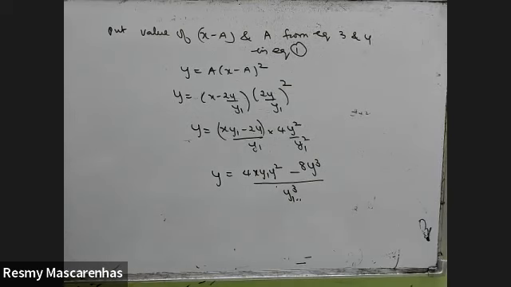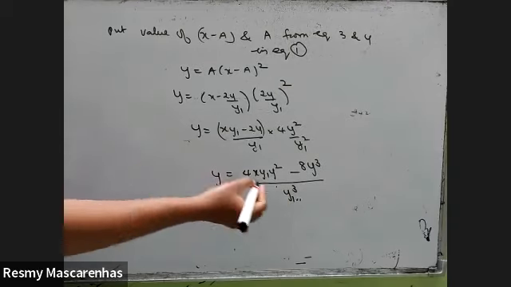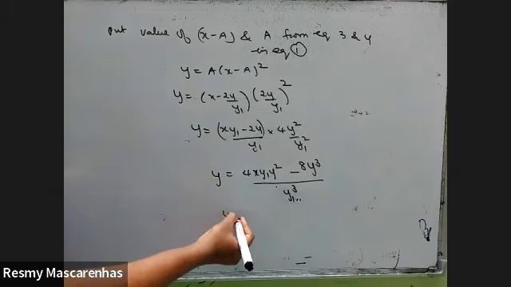Okay. So now just take it on the other side. Now only simplification, simple one. y into y1 cube.